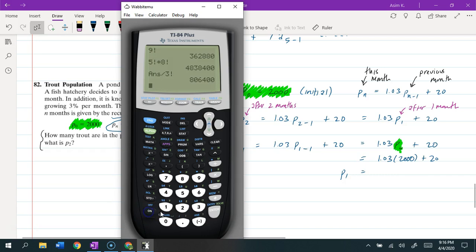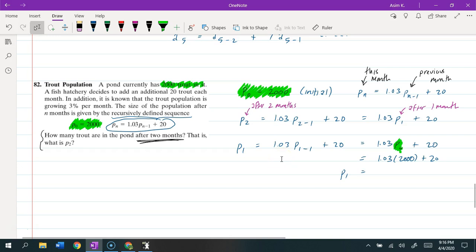All right, so let's take a moment. Let's turn this calculator back on, and let's do 1.03 multiplied by 2,000, and then we will add 20 to it. All right, so you end up with 2,080 trout at the end of 1 month.